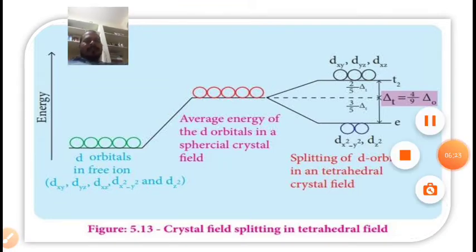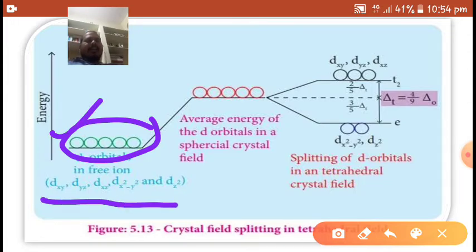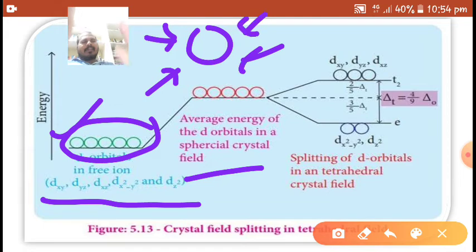In the absence of ligands, these are 5 degenerate d orbitals, meaning all d orbitals have the same energy. When ligands approach the metal ion, let us consider the approach as a two-step process. In the first step, the ligands approach but produce a hypothetical spherical field, which repels all of the orbitals to the same extent.